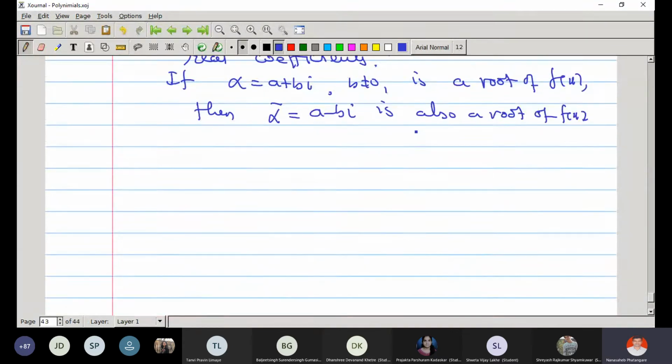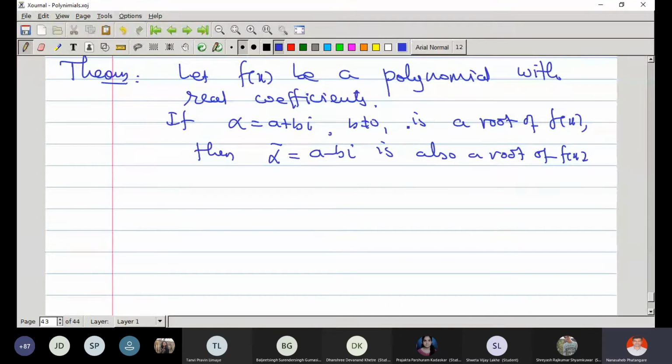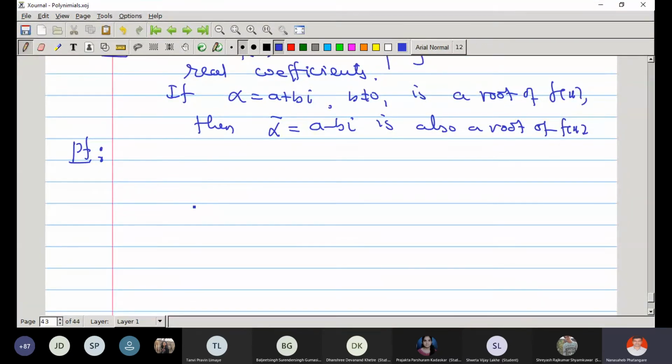Okay, so what is our claim? Given that f(x) is in R[x], with real coefficients. Let alpha equal a plus bi, where b is non-zero, be a root of f(x).